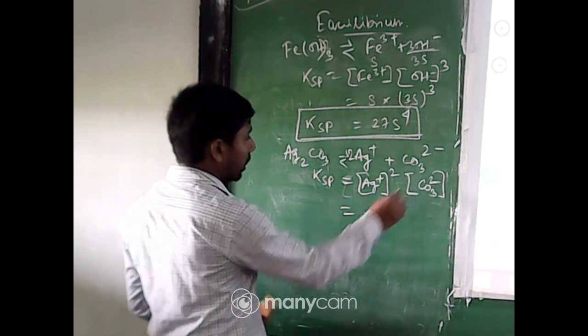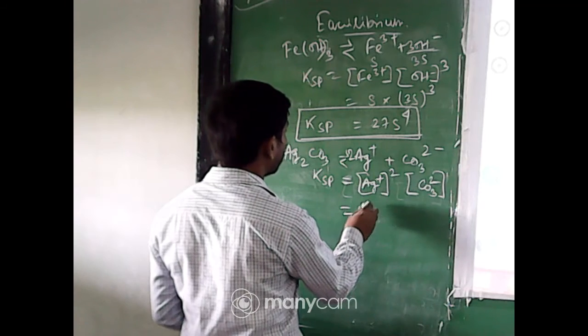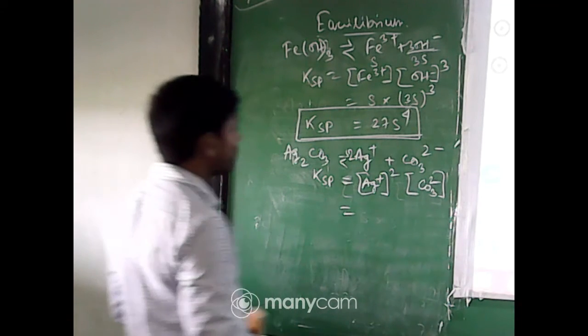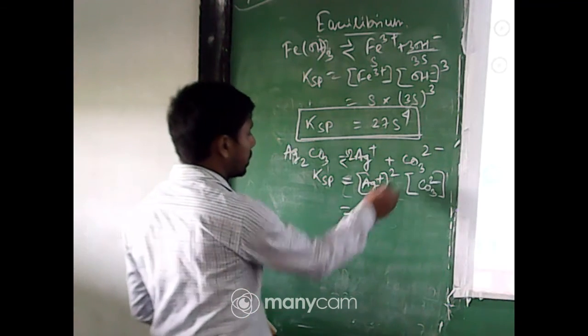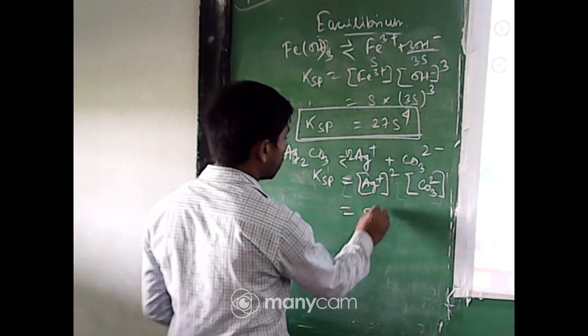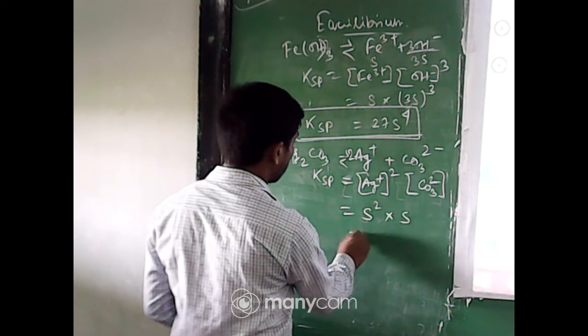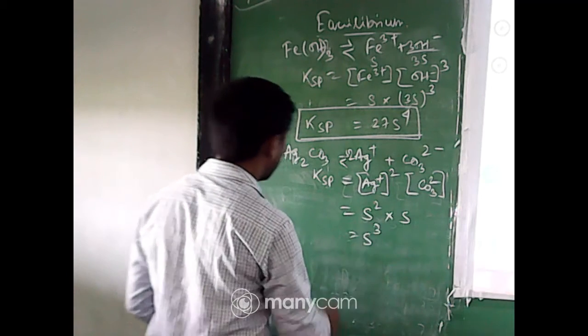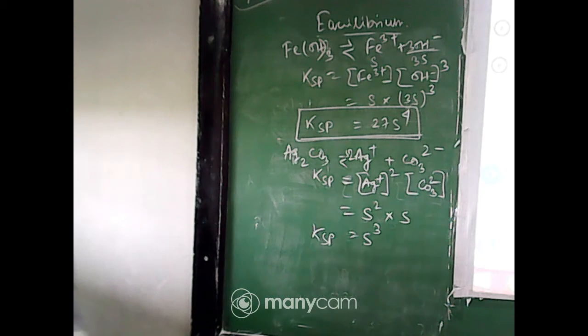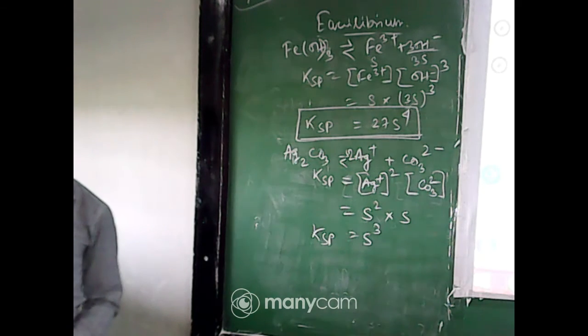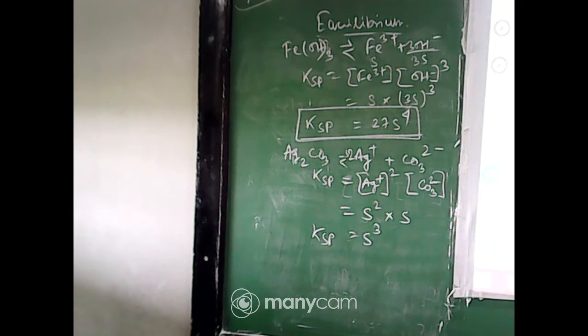Now the concentration of Ag+ is 2S, so it is 2S squared into S, and so on. For A2B type, Ksp is in terms of S cubed.